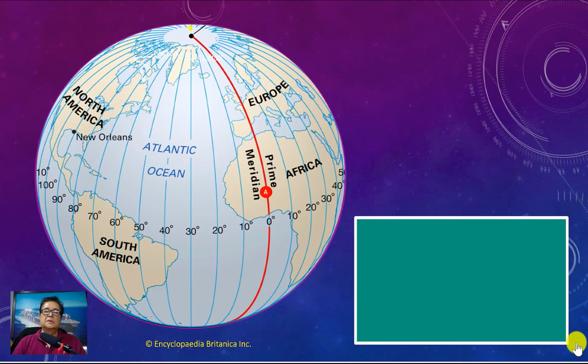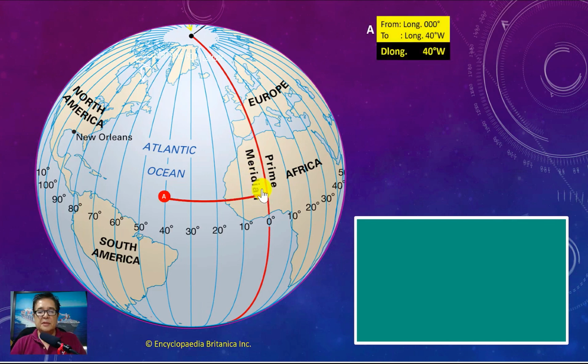In this video, we are using a red circle with a letter in the middle representing a ship. For example, this ship A. Observe the movement and we will determine the difference of longitude.